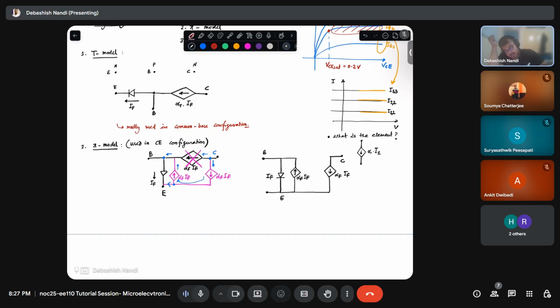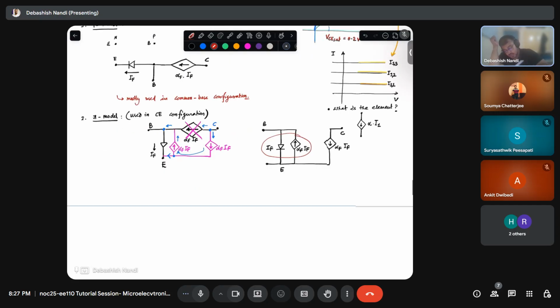Now there are two currents in parallel. So can I combine them? Of course I can combine them.